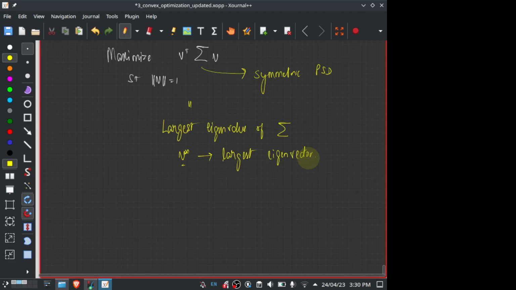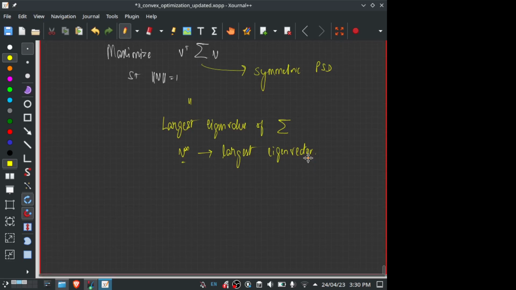Now, in many cases, you want to do more. You want to not just find the first principal component, but find k principal components. In that case, the problem is the following.